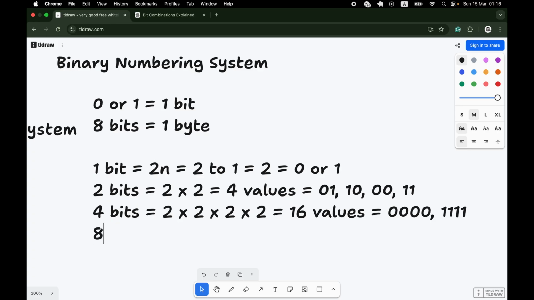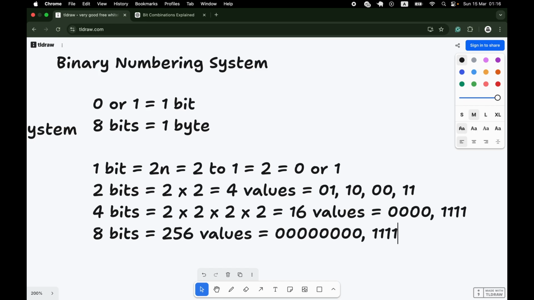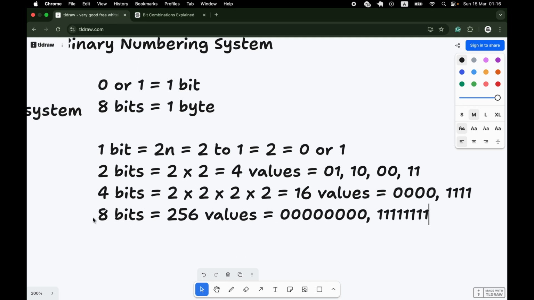So 8 bits: the possible values are 256, right? 2 to the power 8 is 256, from 0 eight times to 1 eight times. That's it. So 8 bits equal 1 byte, right? That's how the computer understands data storage.